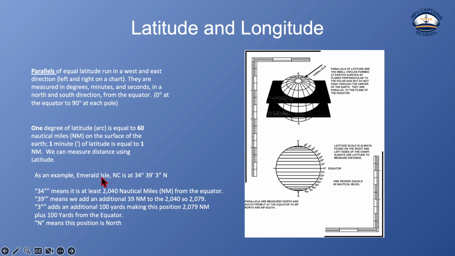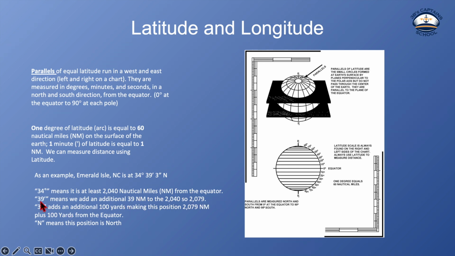All right, so let's take an example. We'll break down how we would express our location and latitude. In this example, we're in Emerald Isle, North Carolina, and this latitude is expressed in degrees, minutes, and seconds. The 34 means we're 2,040 nautical miles north of the equator.